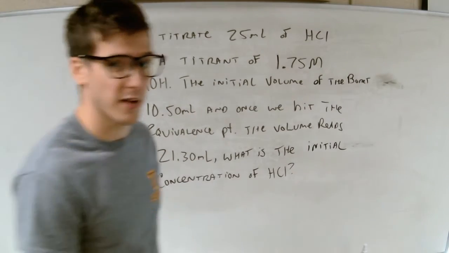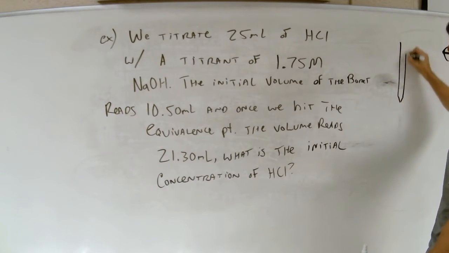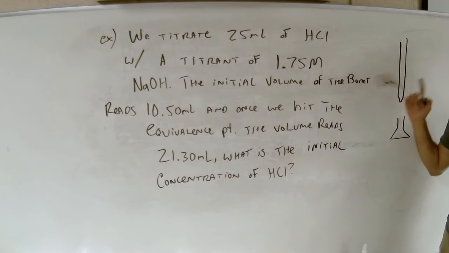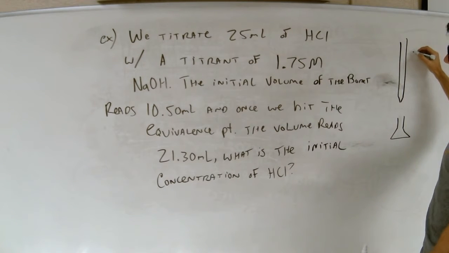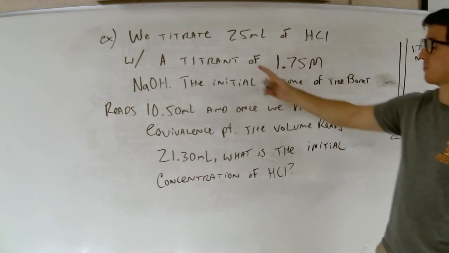So here, what I like to do is I just like to draw a picture sometimes. I think that helps me out. I like to draw what's in the burette and what's in the flask. Again, NaOH doesn't always have to be in the burette. Sometimes HCl is in the burette, okay? But I know I have 1.75 molar NaOH, right? It's what I'm titrating with. It's my titrant.